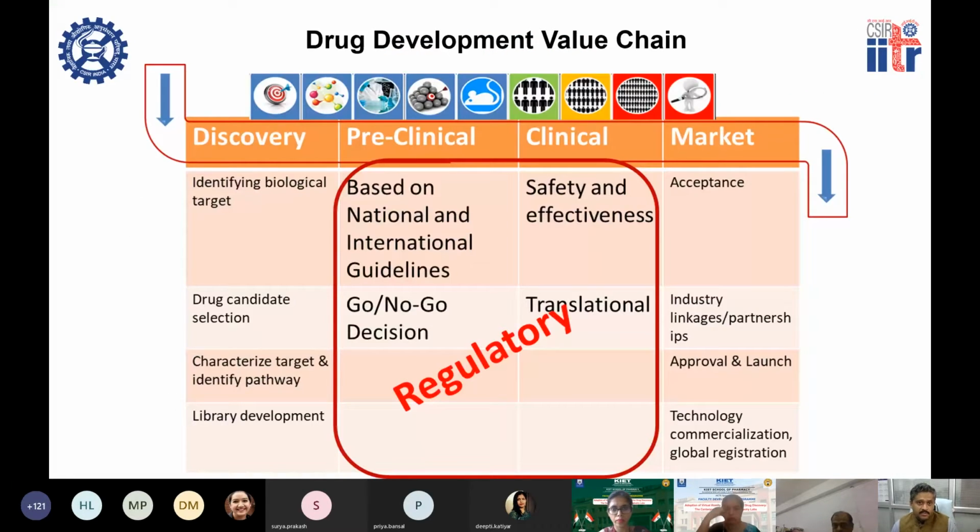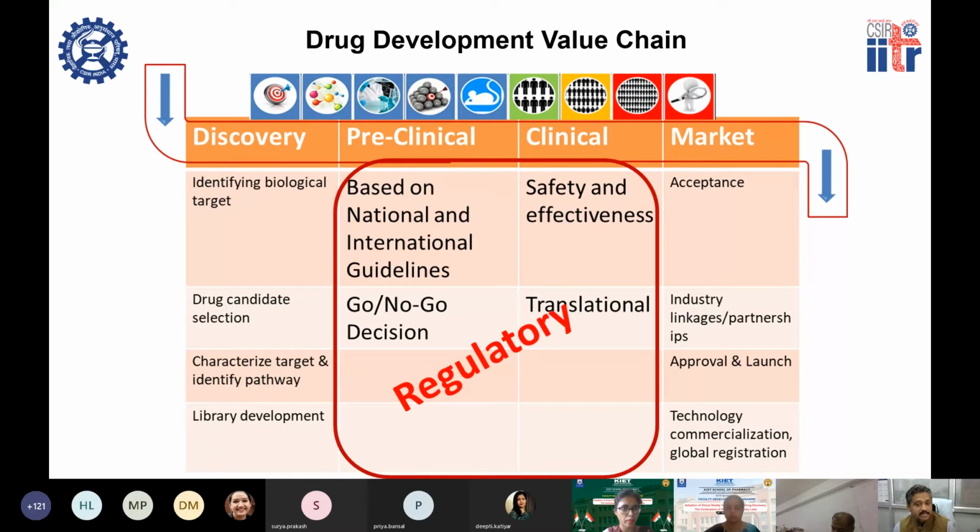When you see the drug development process, it is a kind of pipeline that includes several segments: identifying targets, choosing key lead molecules and characterizing them, and identifying pathways. For us, in computational toxicology, we work mostly on the preclinical and clinical domain.